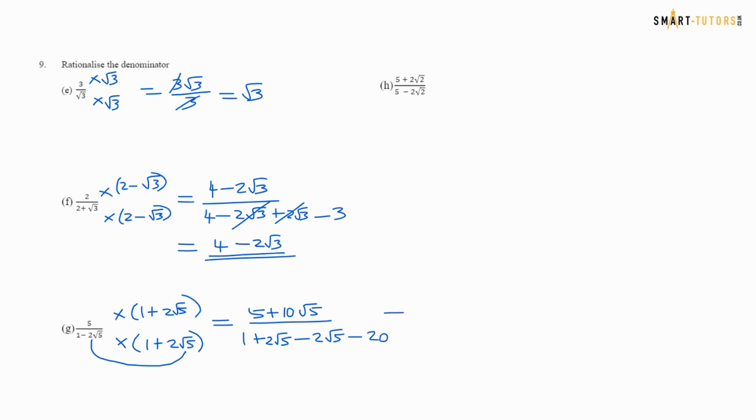So the final answer for the G is 5 plus 10 root 5 over, 2 root 5 minus 2 root 5 cancel, 1 minus 20 is minus 19.